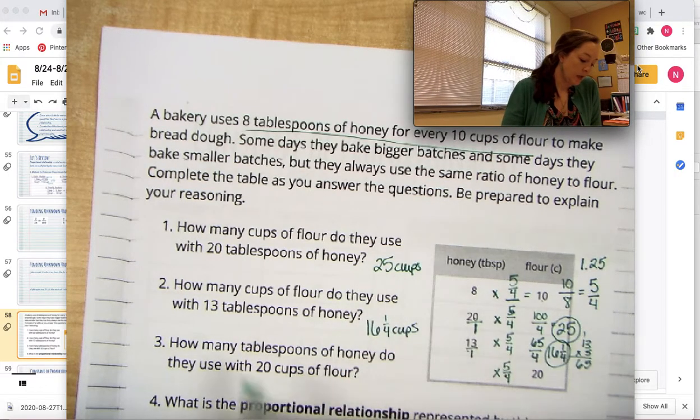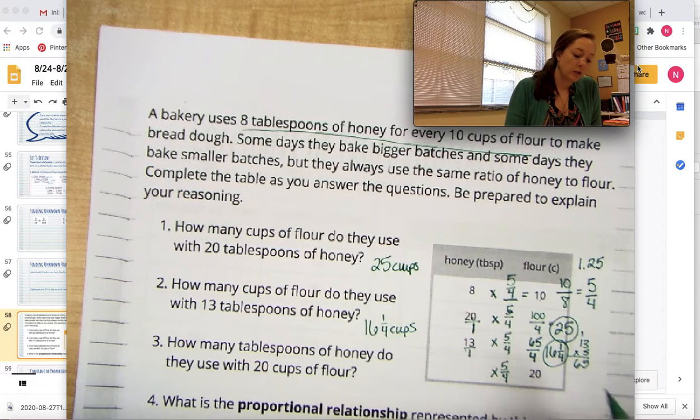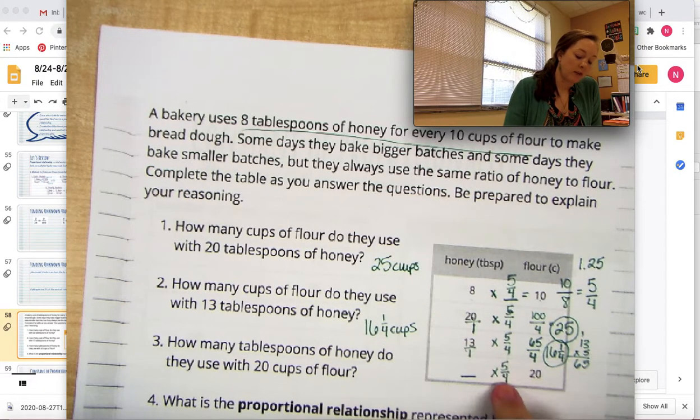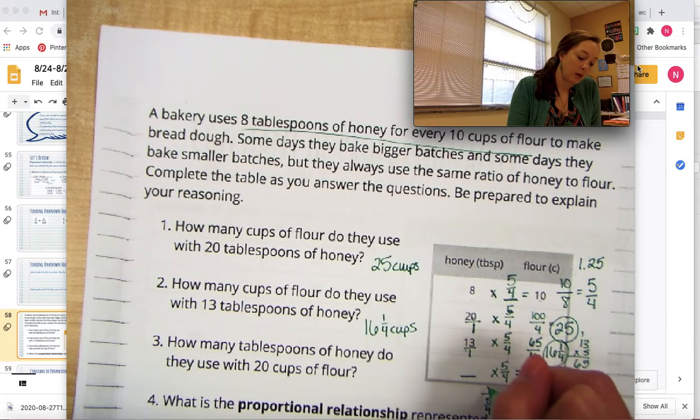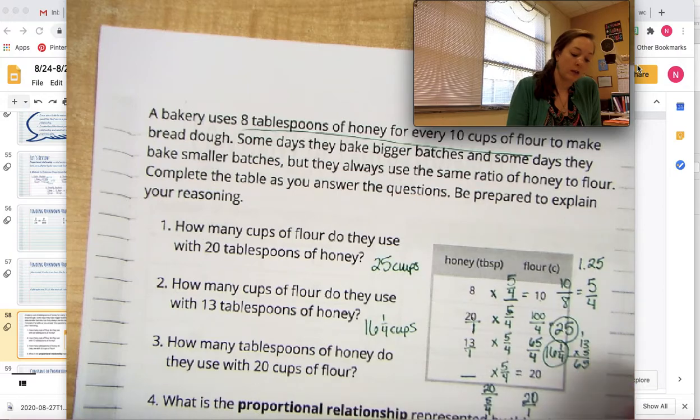And the last one, how many tablespoons of honey will they use for 20 cups of flour? This time, we don't know the tablespoons of honey, but we know the cups of flour. So, some number times 5/4 gives me 20. Instead of multiplying by 5/4, I'm going to divide by 5/4, and I'm dividing my product 20. So 20 over 1, we're going to do keep, change, flip.